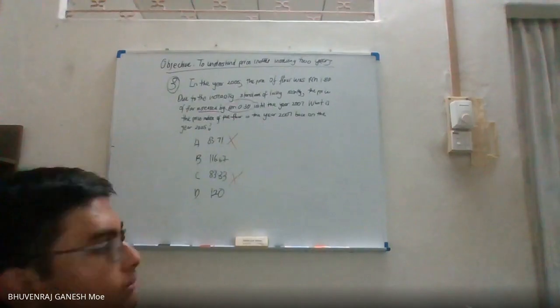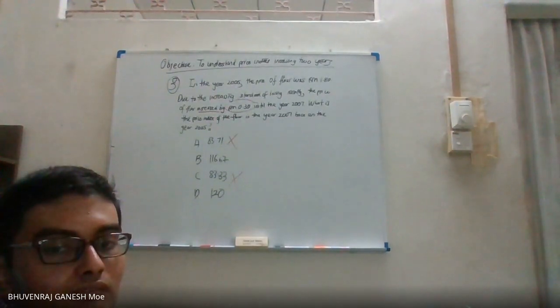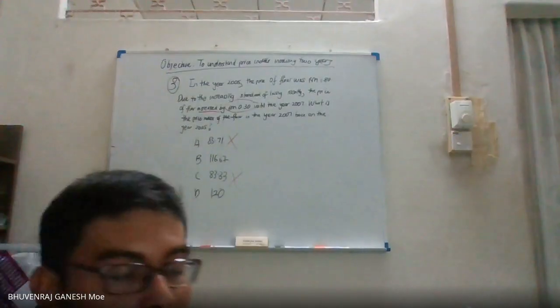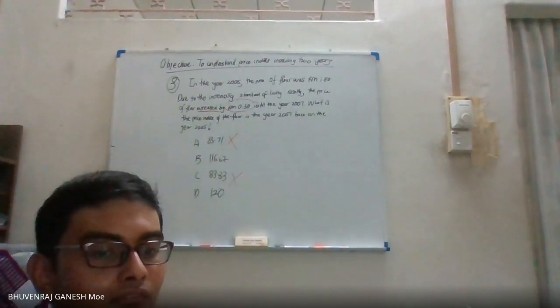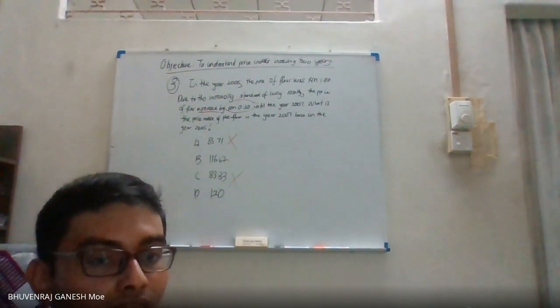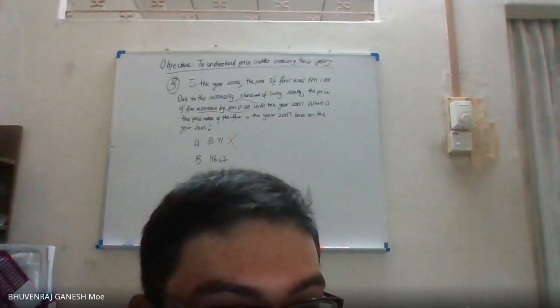So what will be the price in 2007? You can get a direct value from it. Why did you put a variable?